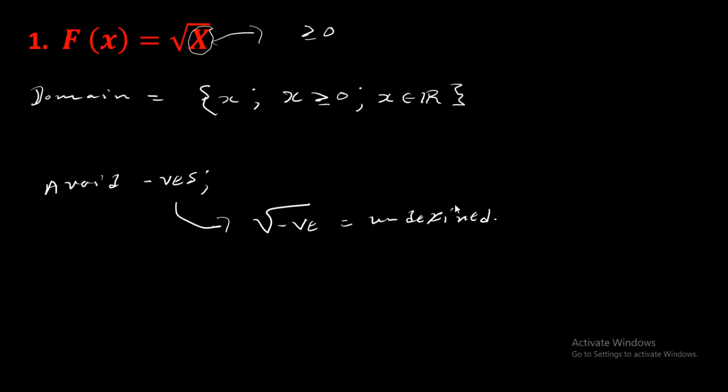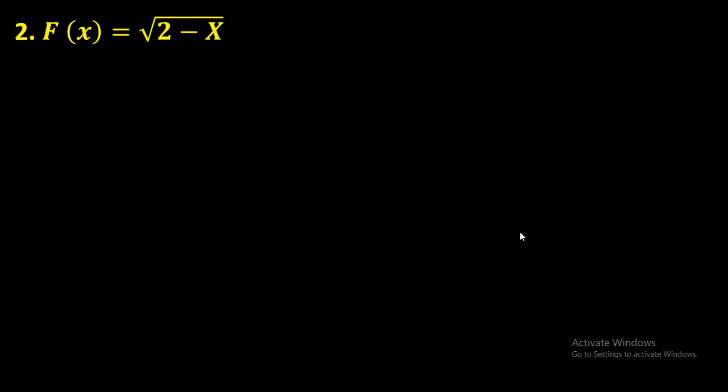Okay, let's quickly move on and look at number 2. To find the domain, this is simple. We do the same thing. You're going to say domain is simply equal to, whereby you get what is inside, which is 2 minus x.